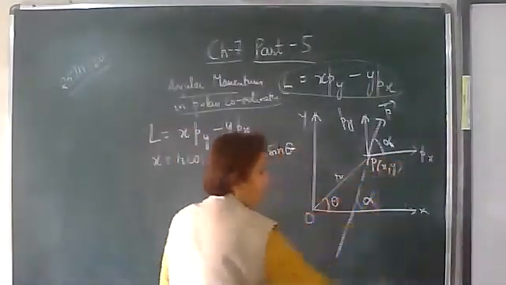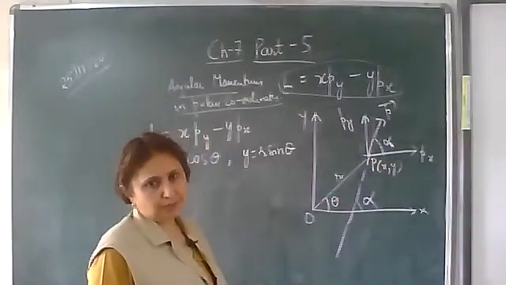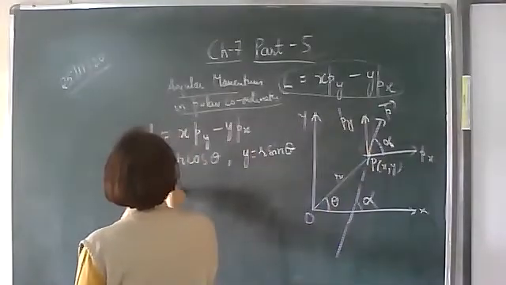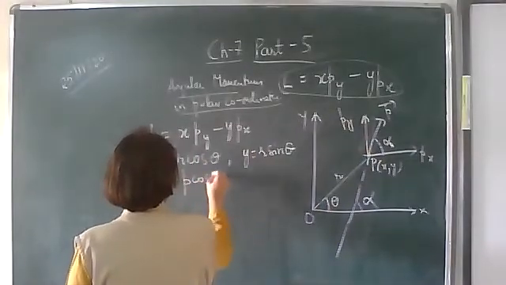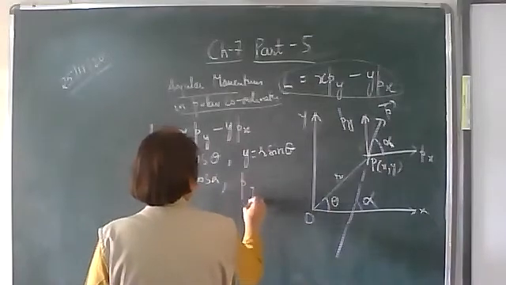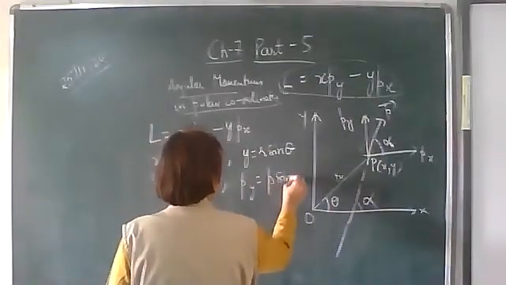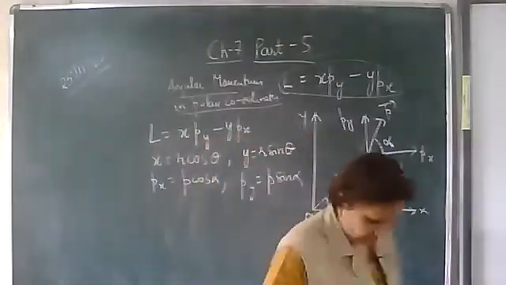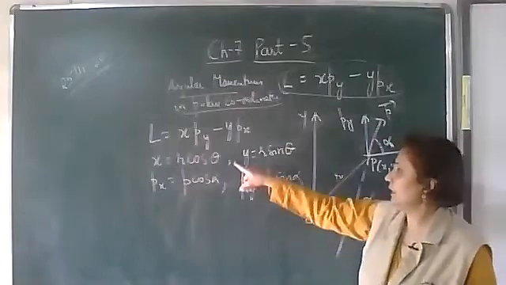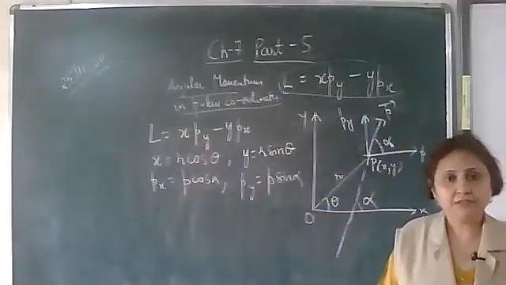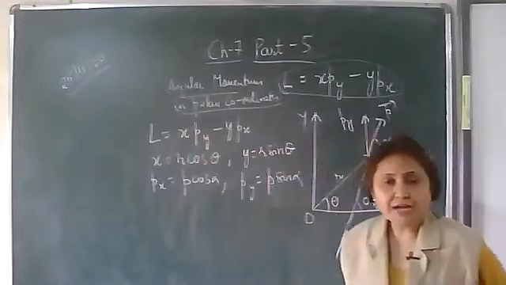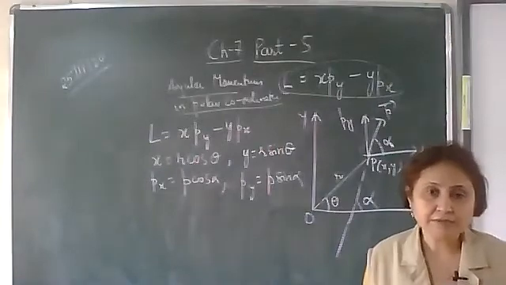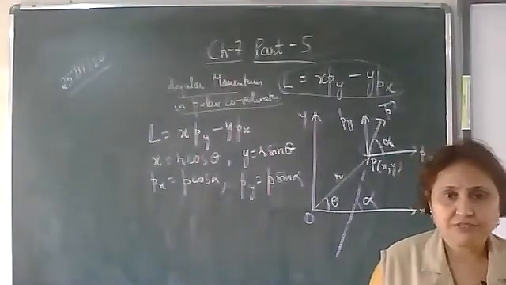The linear momentum along the x-axis is px equal to p cos alpha, and py is equal to p sin alpha. Substitute x, y, px, py in the expression of angular momentum to find the expression in polar coordinates.